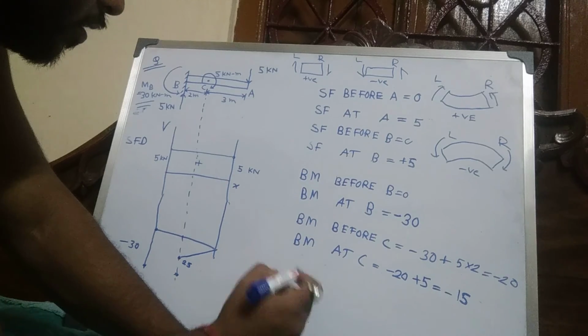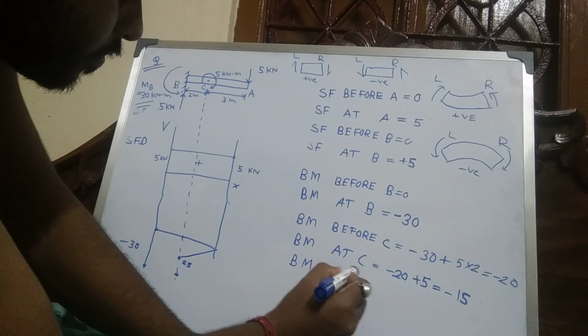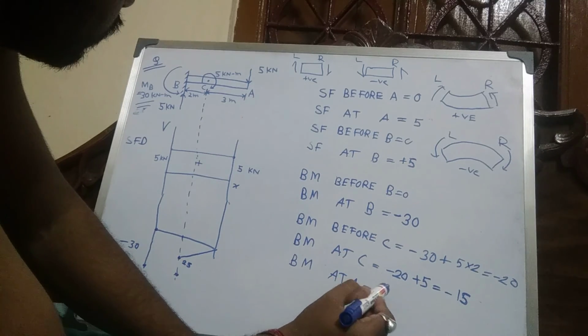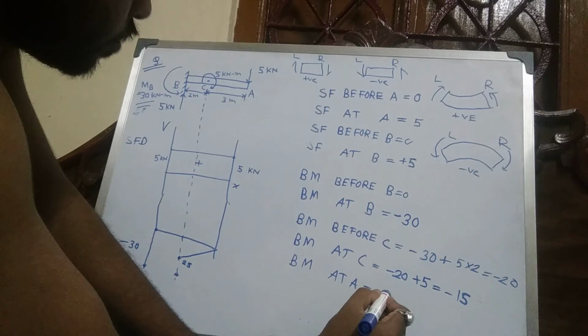Okay, and bending moment at A is, there are no moments. Now counting the left side, there are no moments, so 0.